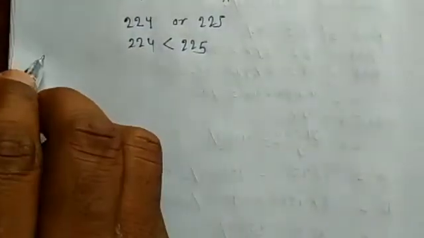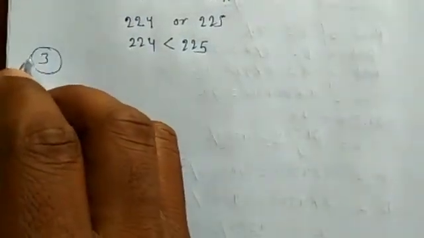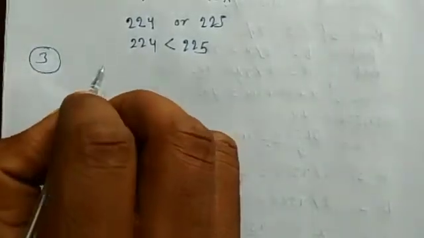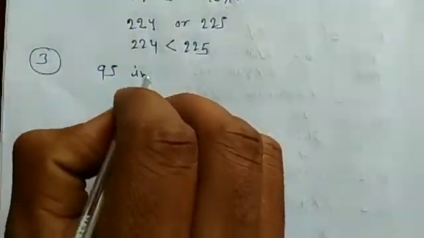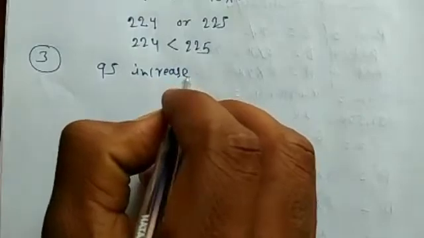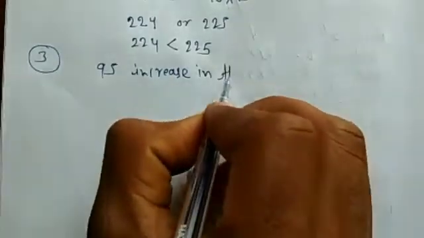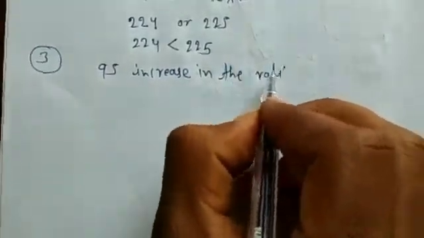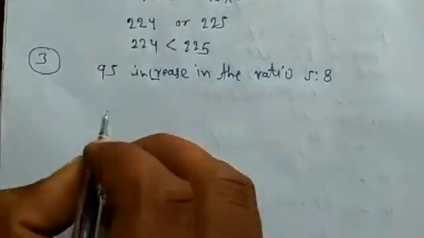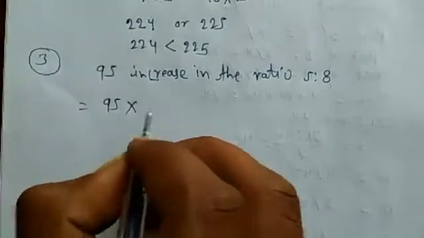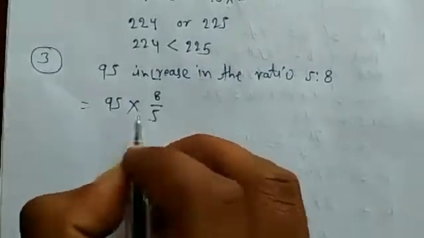So now third question. This is increase 95 in the ratio 5 ratio 8. So 95 increase in the ratio 5 ratio 8. We have to increase this value, is simply 95 into 8 upon 5.